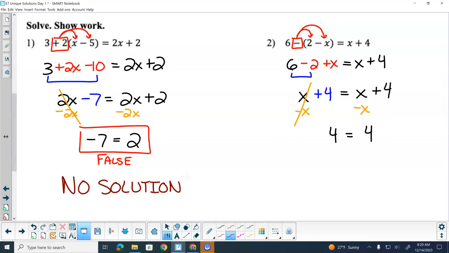Over here on this side, we had a true statement without variables. That means that this one is infinite solutions.